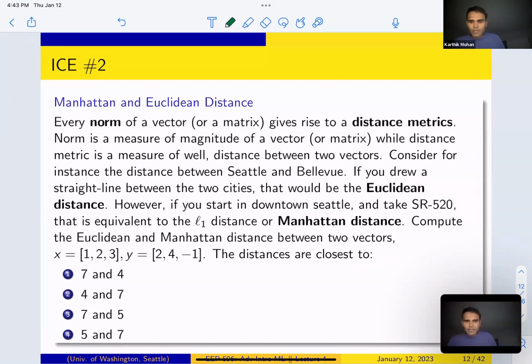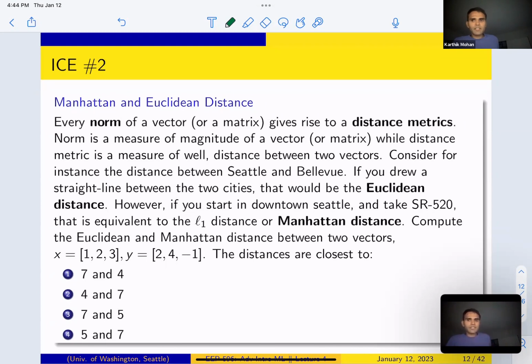So let's take a look at this in-class exercise. A norm is something that measures the magnitude of a vector or a matrix. It tells you how much signal is present in that vector or matrix. It also corresponds to a distance metric, where you compare two vectors or the distance between two locations.